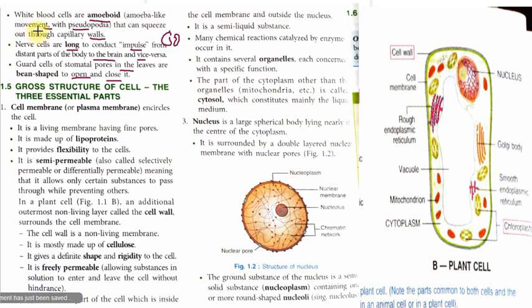So now we will move on to the next portion, that is gross structure of the cell, the three essential parts of the cell.